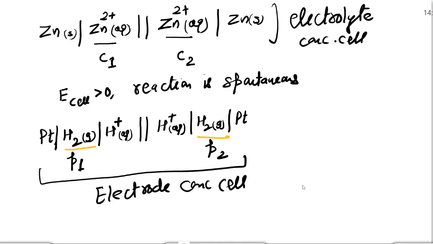So see, how do we do it? See, in the first case, on the anode side, there is a formation of Zn2+ ions. On the other side, there is a consumption of Zn2+ ions. So Zn2+ ions are consumed when they are in excess, and production takes place when they are lesser in amount. Got it?